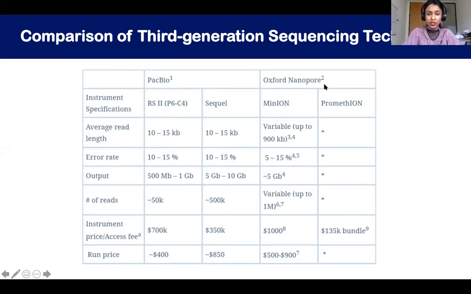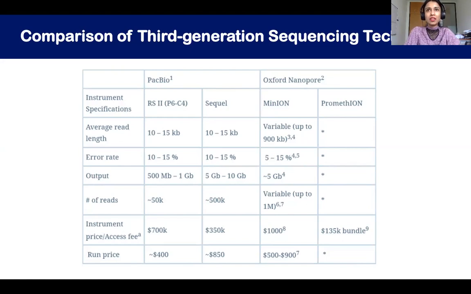And this is Oxford Nanopore, and you have also two models. I think you have more now, right? MinION is the one that looks like a pen drive, the smaller one, right? And the average read length really varies. There are researchers who have got up to 2 million bases in one fragment, but again, the error rate is high, between 5 to 15%.